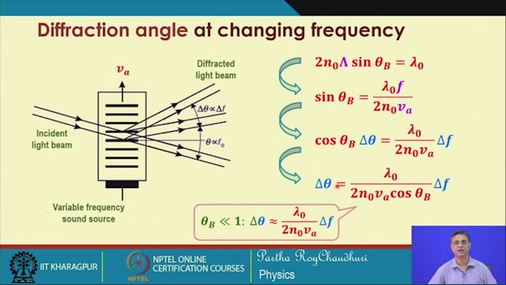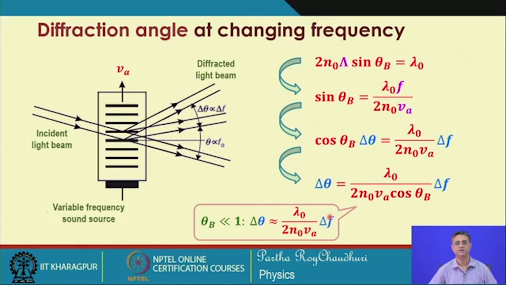So, the deflection angle is directly proportional to the acoustic frequency, provided that for small Bragg angle condition, that is theta b is much less than 1, we can rewrite this equation, that delta theta is proportional to delta f. So, this is the basic guideline of a modulator deflector.